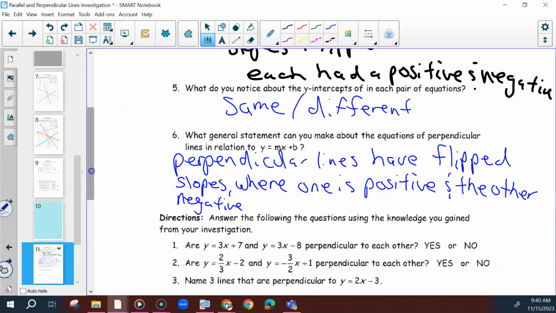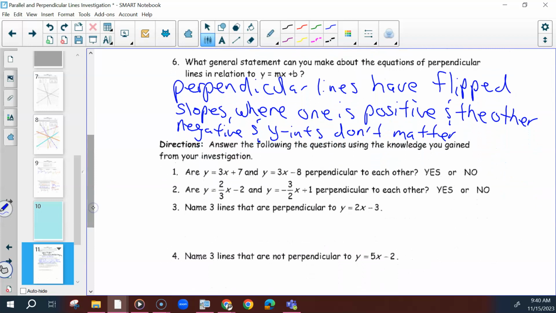And the y-intercepts don't matter. So perpendicular lines have flipped slopes where one is positive and the other is negative, and y-intercepts don't matter. They can be the same, they can be different, it doesn't matter.